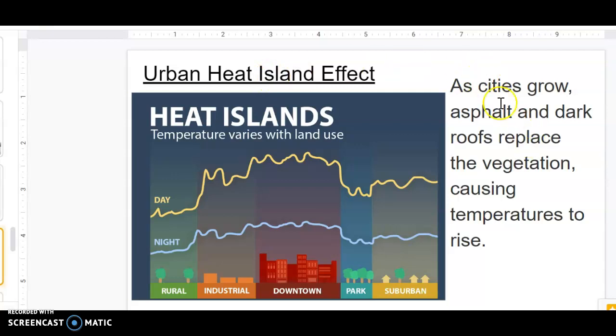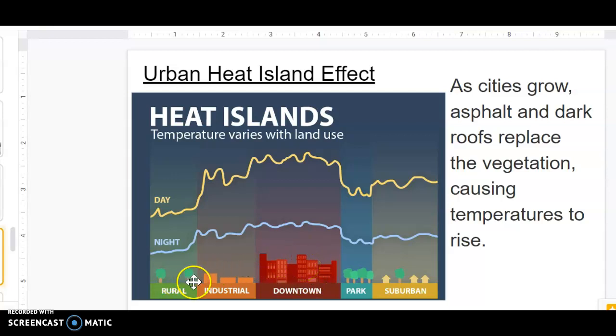I want you to write this into your notes: urban heat island effect. This part, I want you to write down into your notes. You don't have to copy down the diagram, but what can sometimes happen is that because pavement absorbs so much energy, it can heat up places with lots of pavement, like cities or downtown areas of towns and cities.